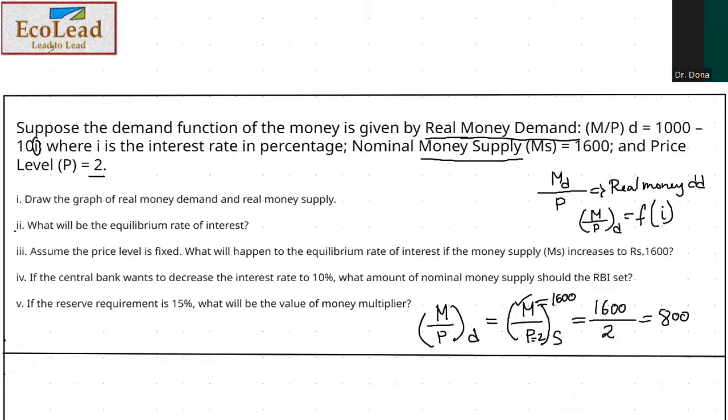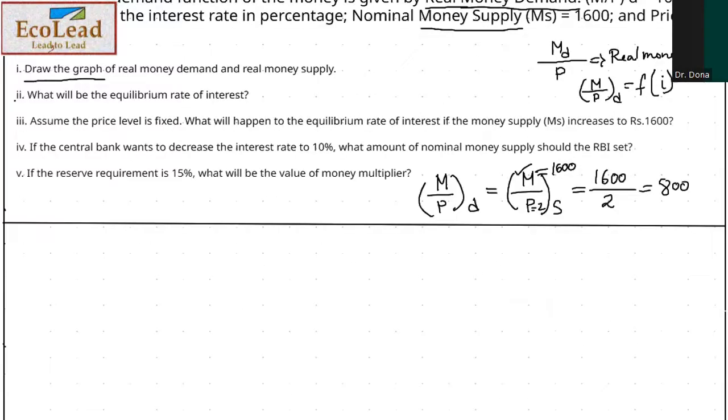Now let us look at the questions. So in the first question we are asked to draw the graph. Now as I said, the real money demand is a function of what? Function of the nominal interest rate.